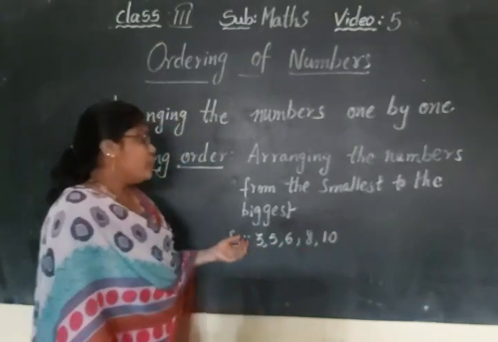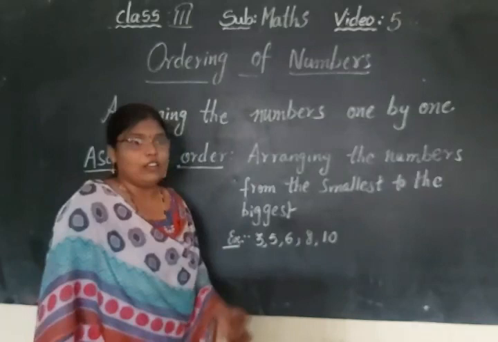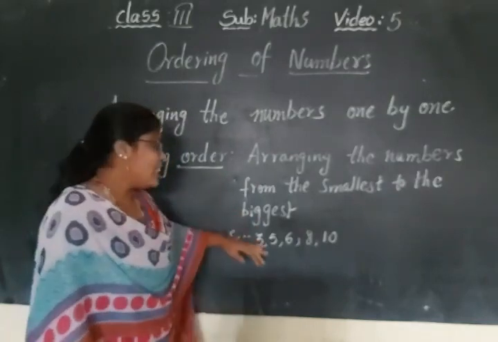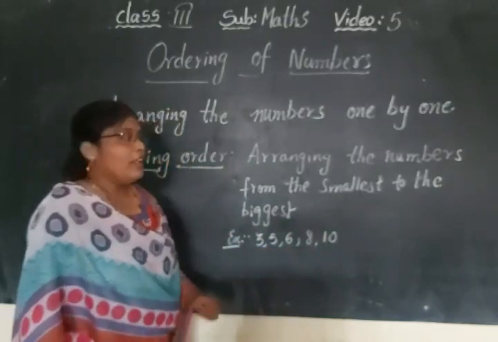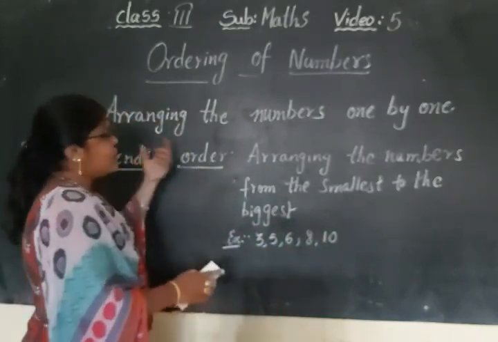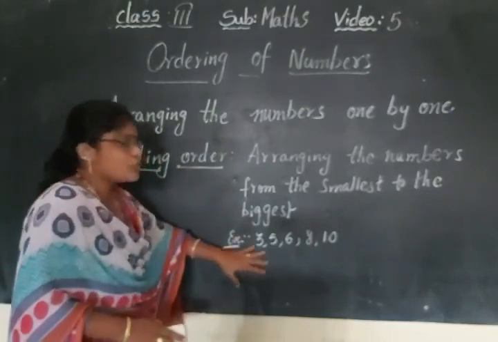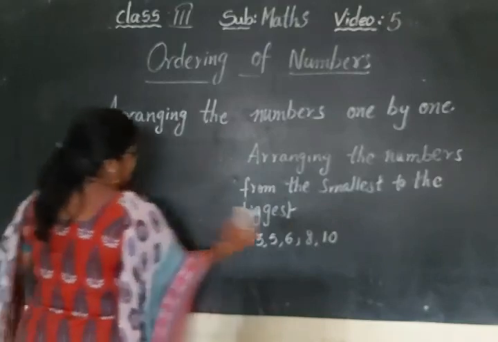Yes. So we have arranged these numbers in ascending order, which is from the smallest 3 to the biggest 10. So arranging the numbers from the smallest to the biggest is called ascending order.